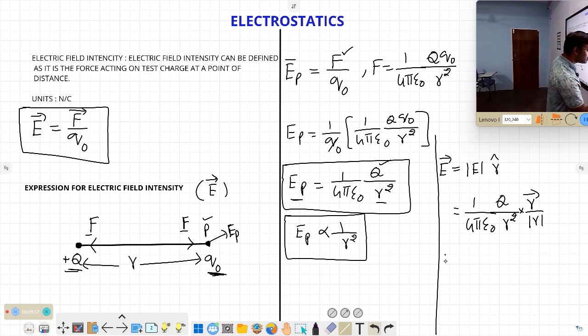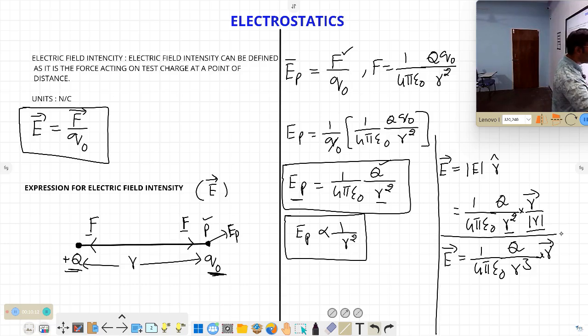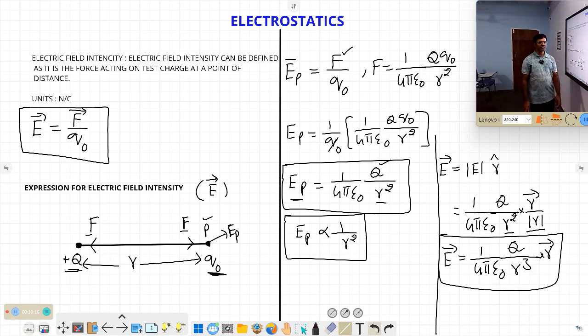So the simple form of electric field intensity in vector form is equal to 1 by 4 pi epsilon naught, Q by R cube, because this is R square and this becomes R cube, along the direction of the position vector R. This is the expression for electric field intensity at any point in terms of the position vector.